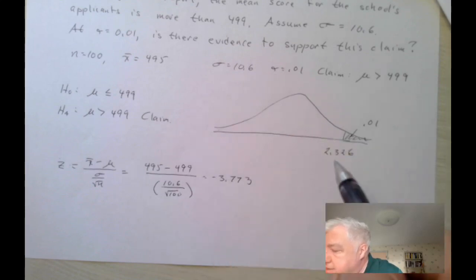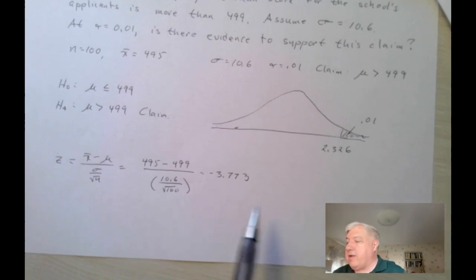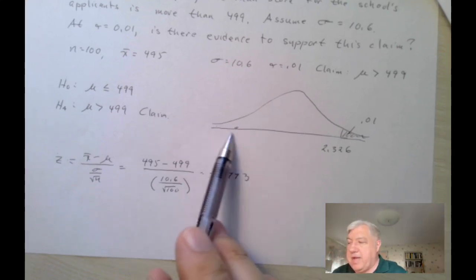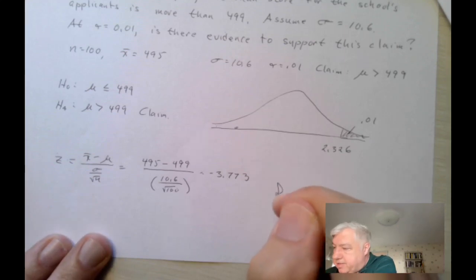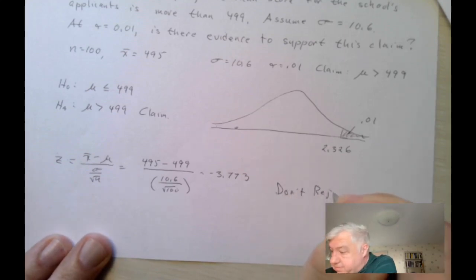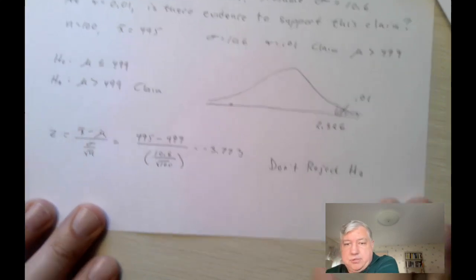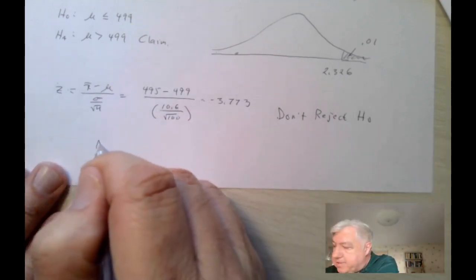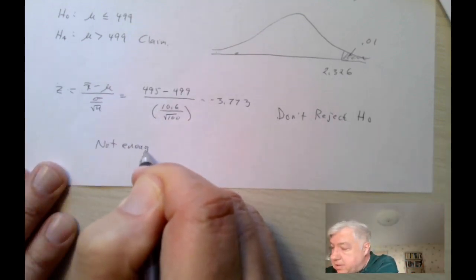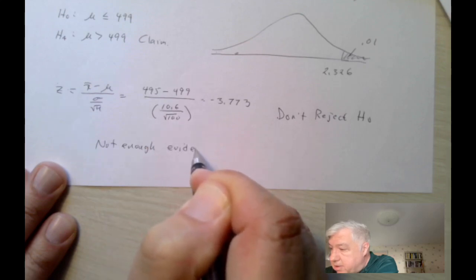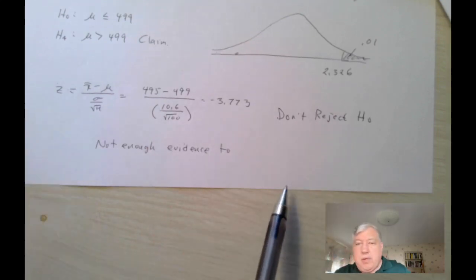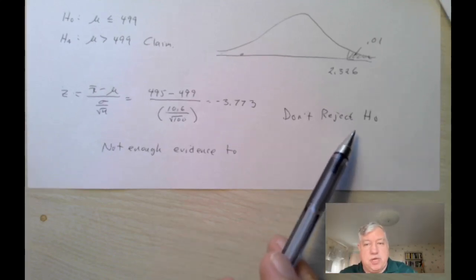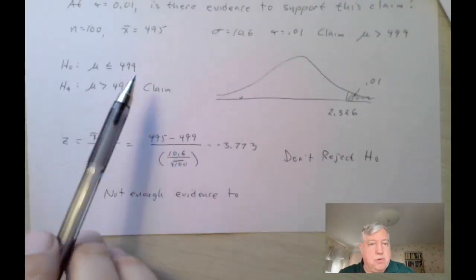So that is going to be way, way over here, but that's not in the rejection region, so we don't reject H0. So there's not enough evidence, to what? Well, we're not rejecting H0, so we can't support the claim.